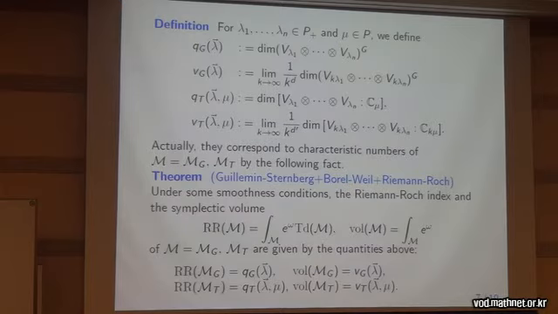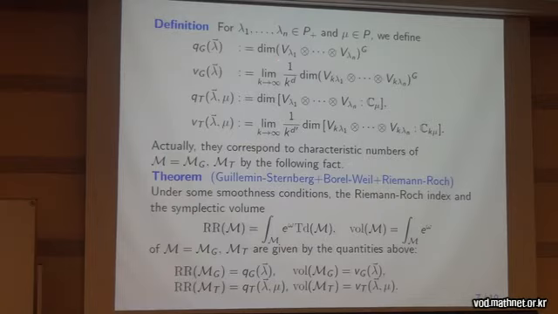This is the definition of Qg of lambda. And Vg of lambda is the asymptotics of this Qg. Namely, we put k, a non-negative integer, here and divide by this number, the complex dimension of Mg, and take the limit. This is the definition of Vg of lambda.